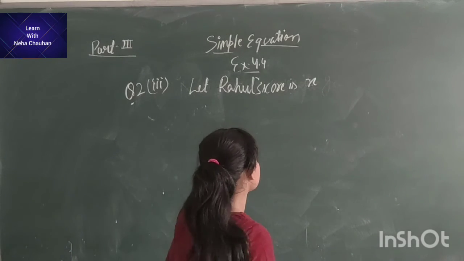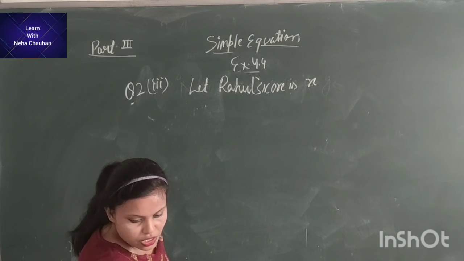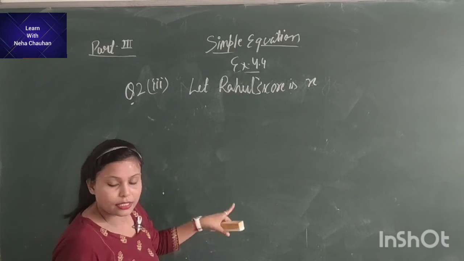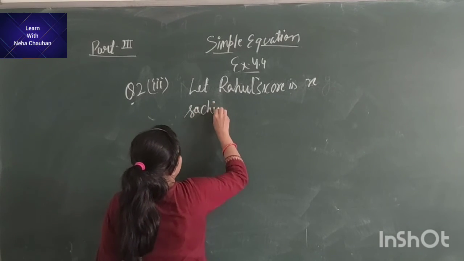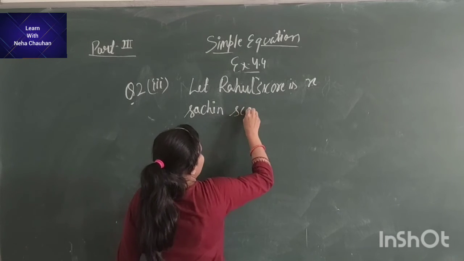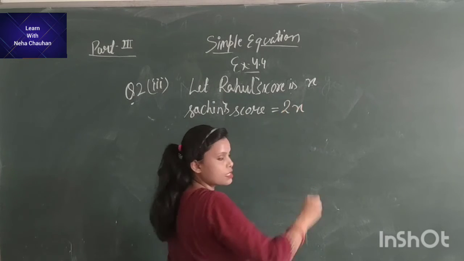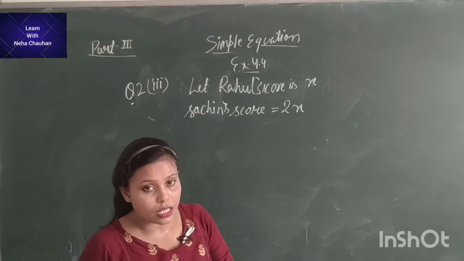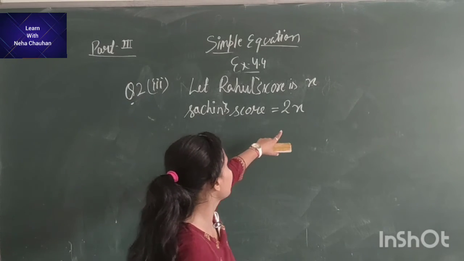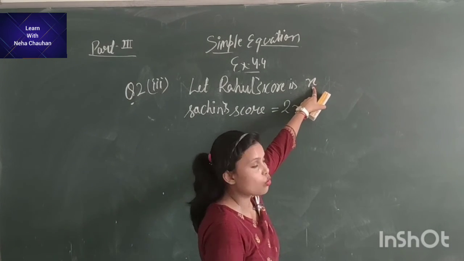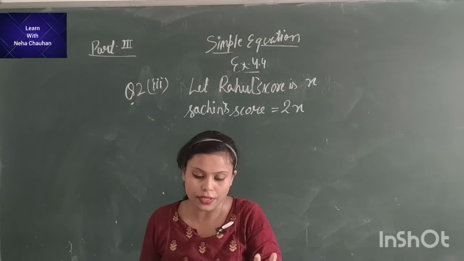Okay. So it says Sachin has scored twice the runs of Rahul. So Sachin's score will be twice x, right? And another condition is also given, that if we sum the Rahul score x and the Sachin score, we get two short of a double century.